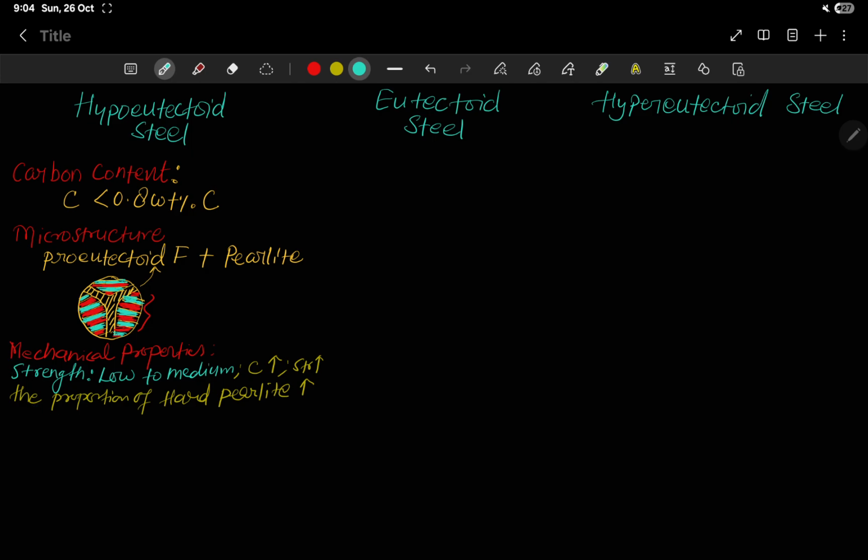This is one property, strength. The next property is ductility or toughness. So ductility and toughness are high.